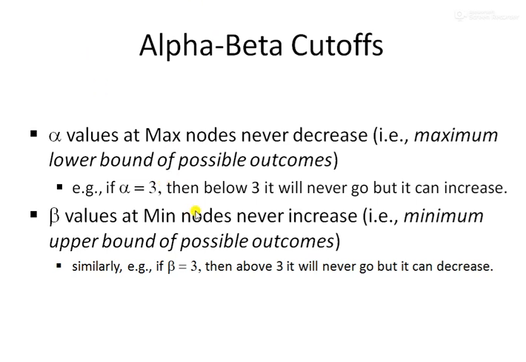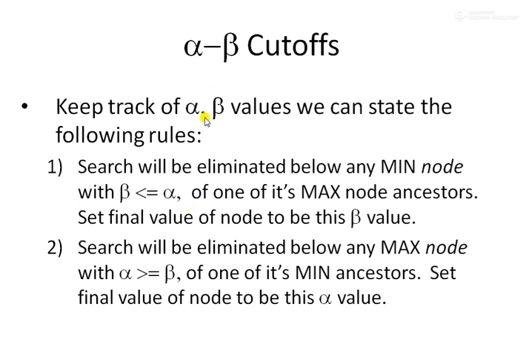Another condition we will have to check in alpha beta cutoff. So let us see the condition. To keep track of alpha and beta values, we can state the following rules. How can we eliminate the search? Searching will be eliminated below any min node if the beta value is less than or equal to the alpha value of one of its max node ancestors, so we can set the final value of the node to be that particular beta value.